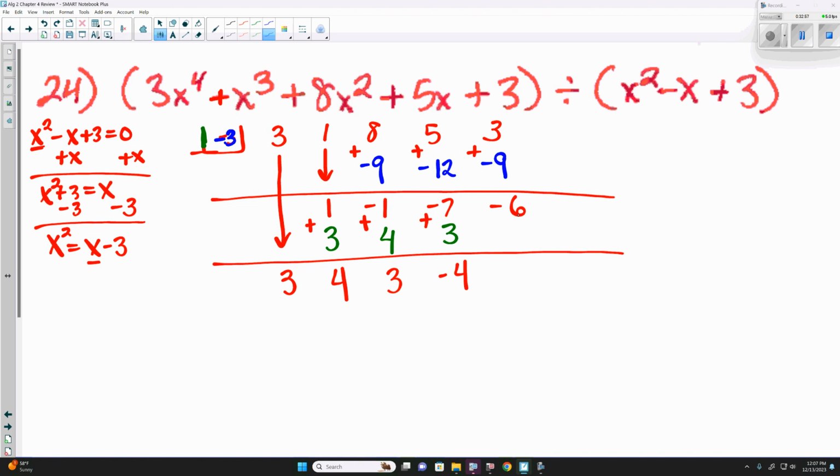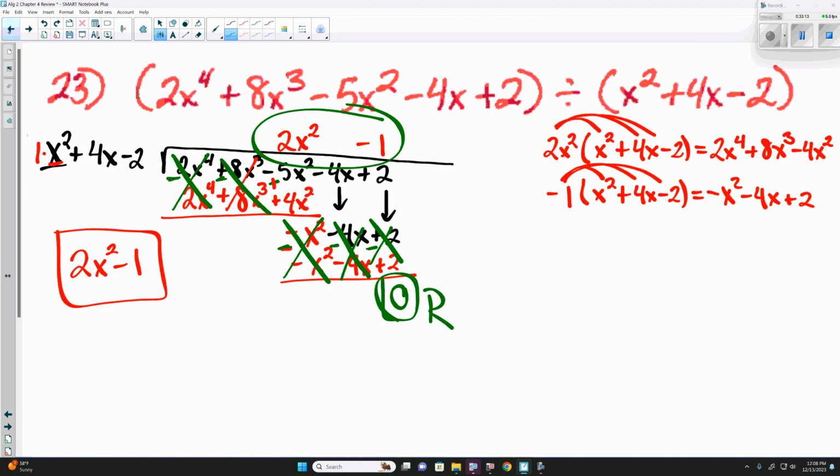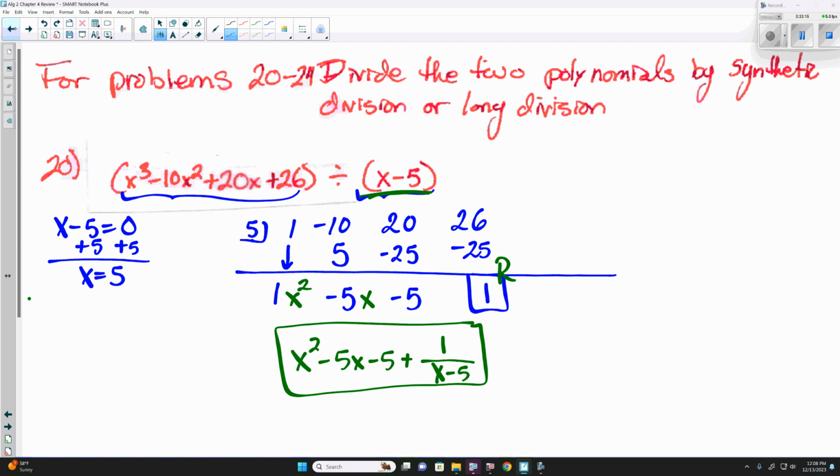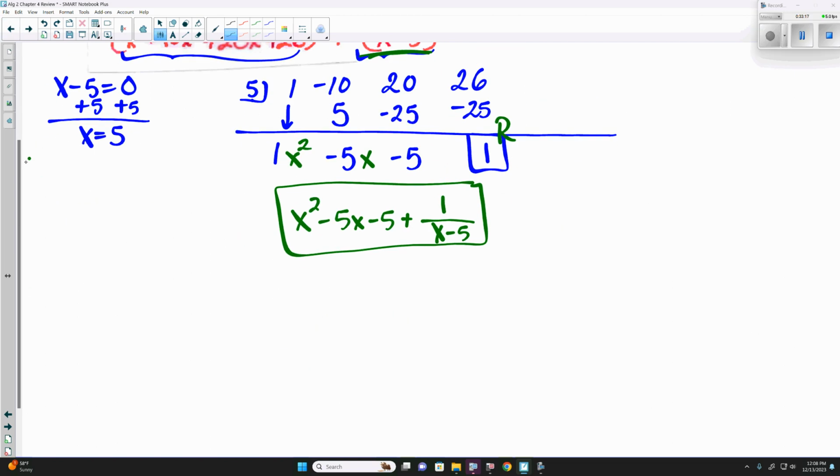Now at this point here, we don't have another number on top to go on, so we're done. We can bring the last number down, so we have them all in the same row. Now when we did synthetic division previously, how many numbers did we have in the box? 1.